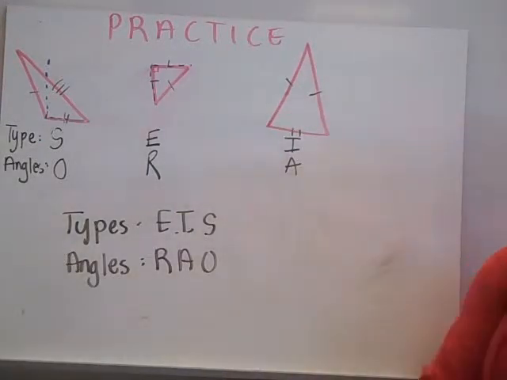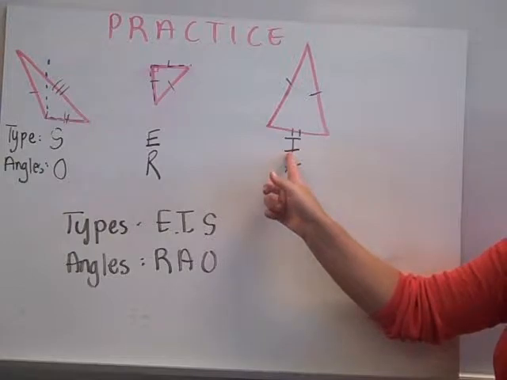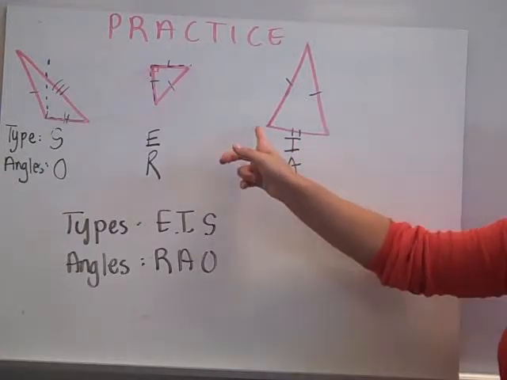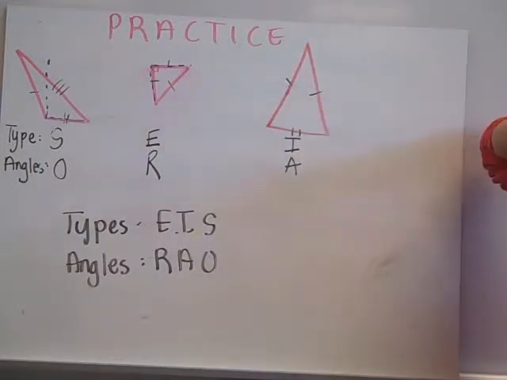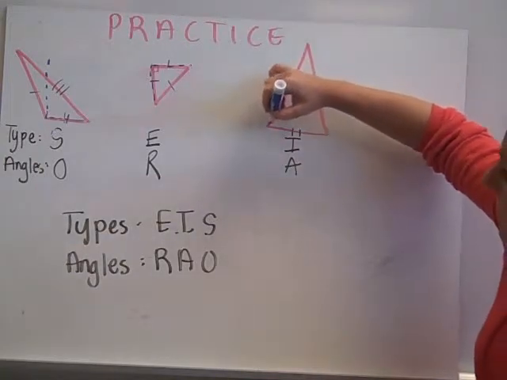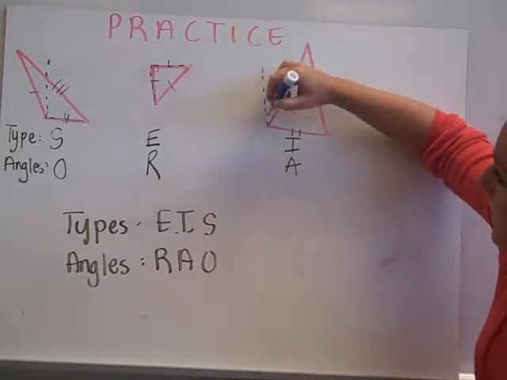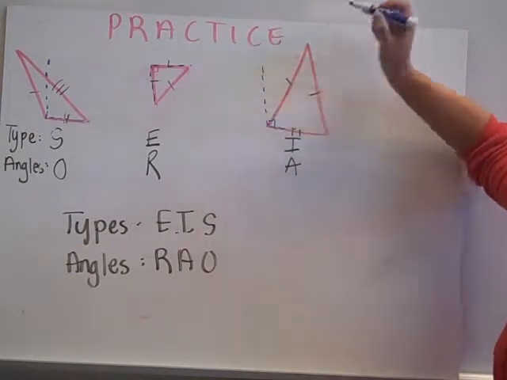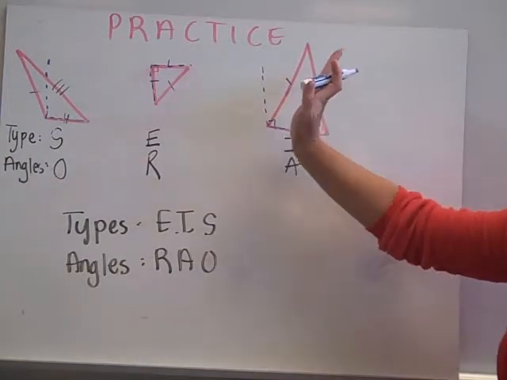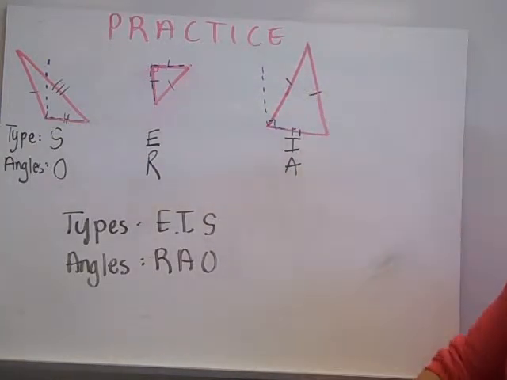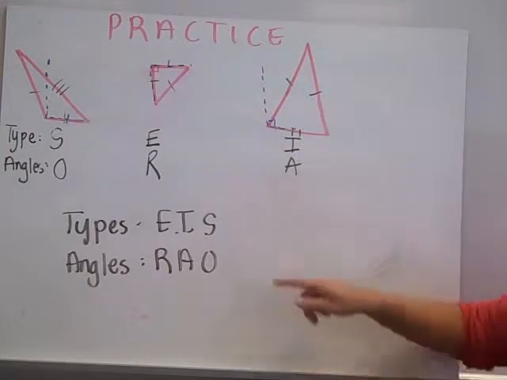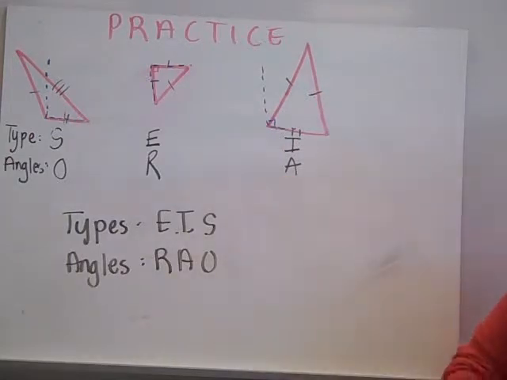When I have 2 sides the same, it's isosceles. And then if I look at my angle, I notice that they're all acute. In order for this to be a right angle, the angle would need to come straight up like that. And notice how that goes inward, so it's less than 90 degrees. Okay, and they all are doing that, which makes it an acute.